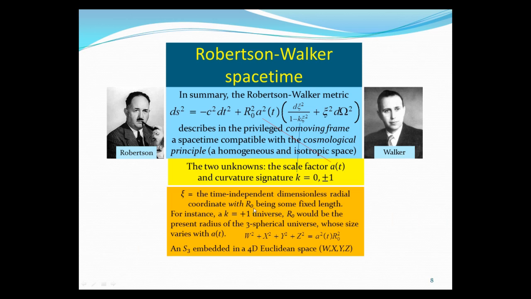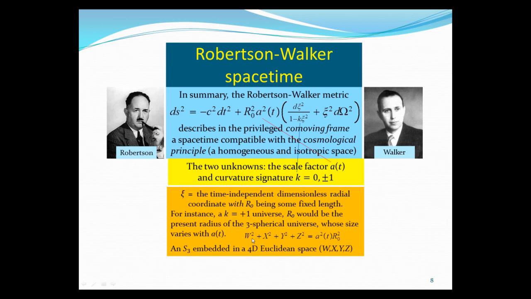To give you an example of what is meant by a fixed length: in the case of a k equals +1 universe, when it's a closed universe, r naught simply is the present radius of the 3-sphere S3, whose size, of course, changes with A. So, for example, consider S3, the 3-sphere embedded in a 4D Euclidean space.